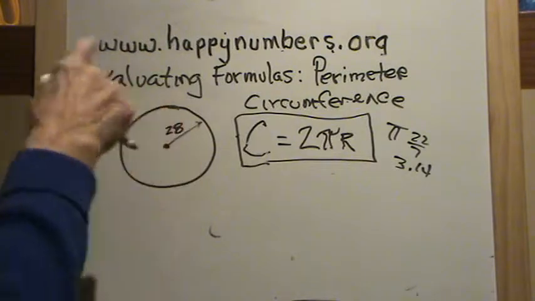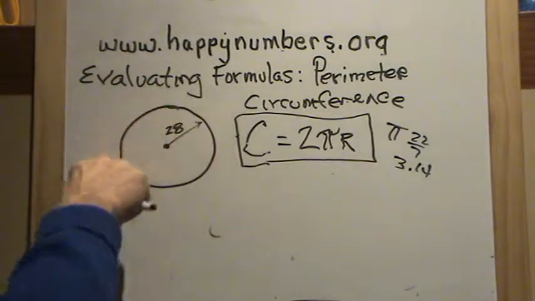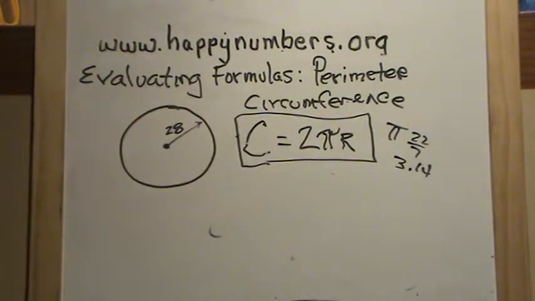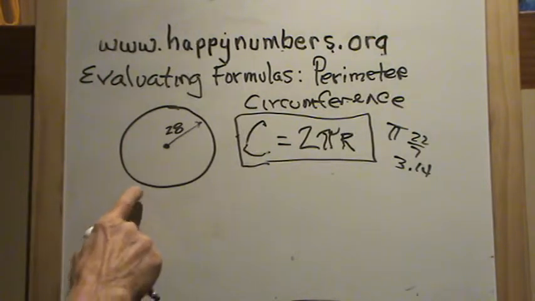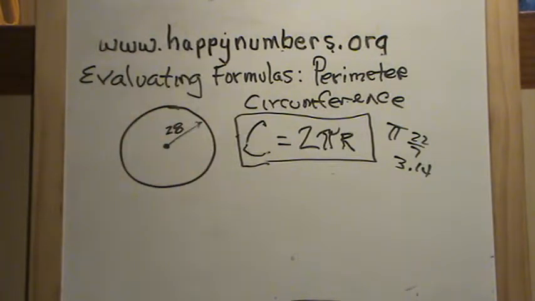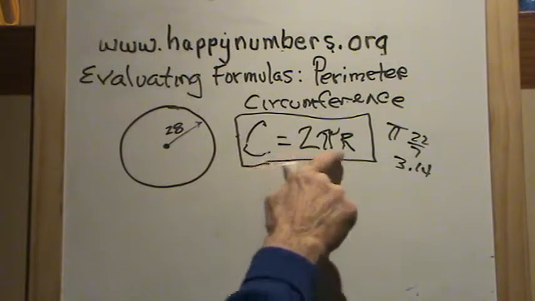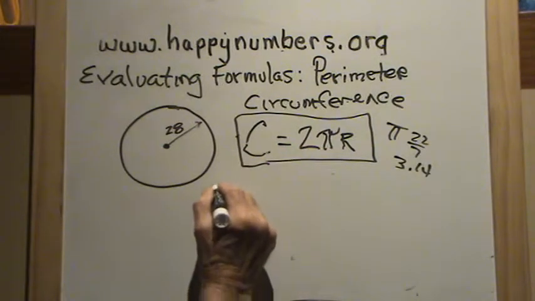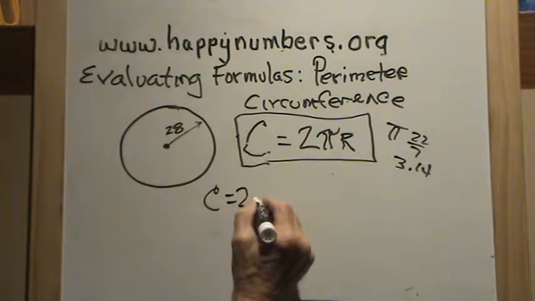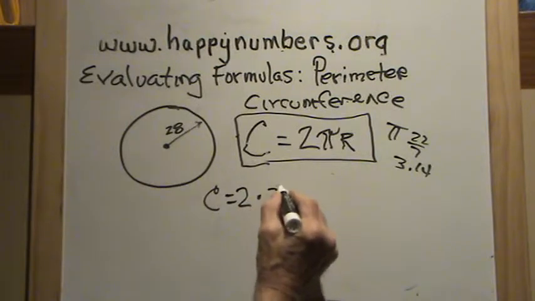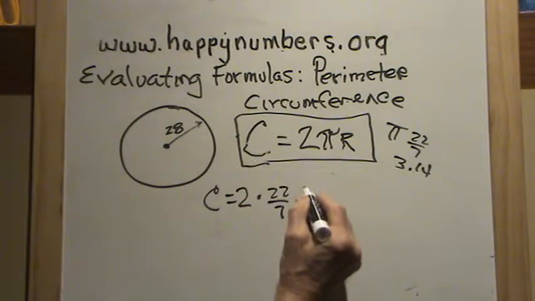And I want to put a fence around it, so I want to know how much fence I need to buy to go around it. Well, I'm looking for the circumference of the swimming pool. And they give me the formula, so I just substitute. Circumference equals 2 times pi, 22/7, times 28.